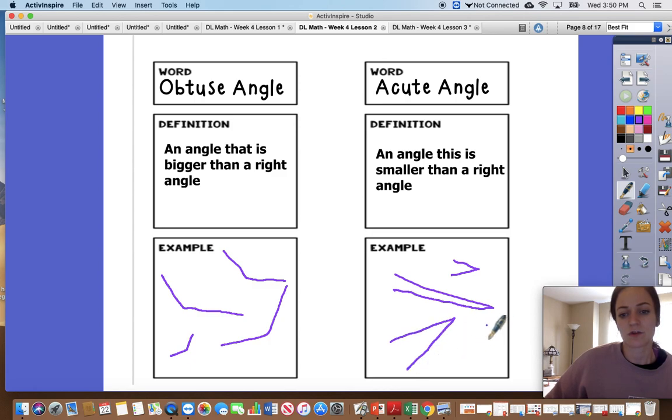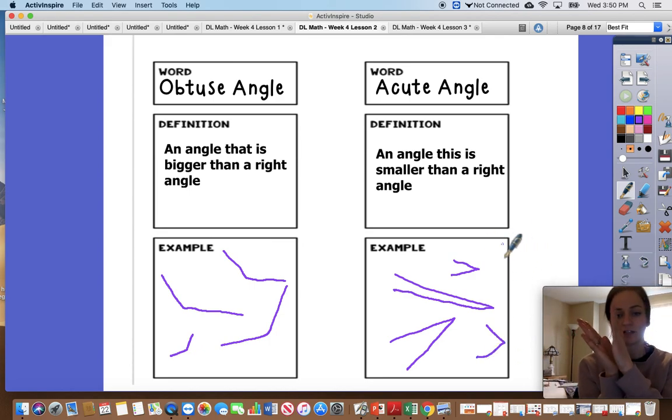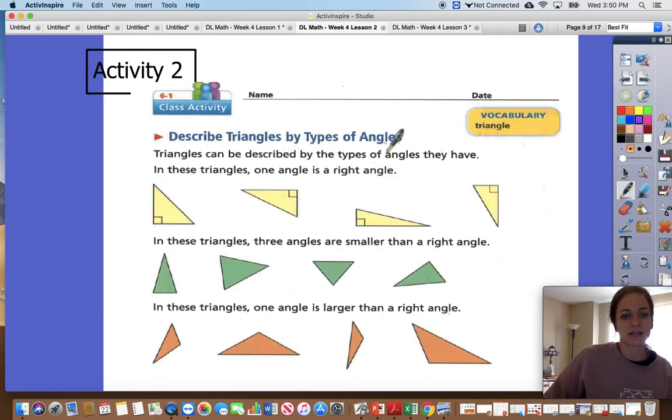Those are all smaller. They're all smaller than a right angle, so the two lines come together, closer together. Okay, remember, pause the video if you need to write these definitions because you will need them in your vocabulary book. It'll help you a lot to write these down for future assignments, so I would recommend doing that.